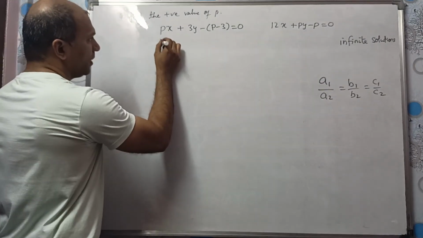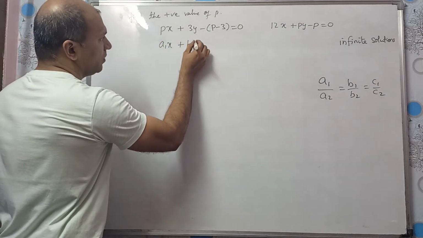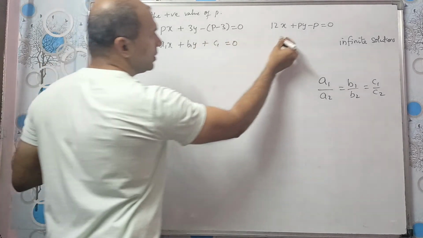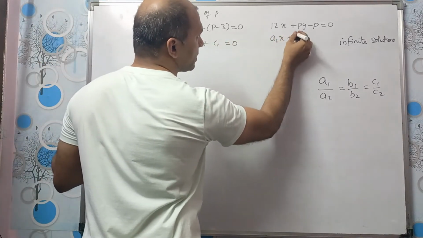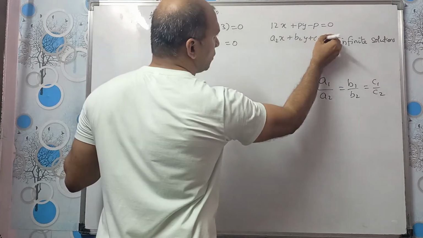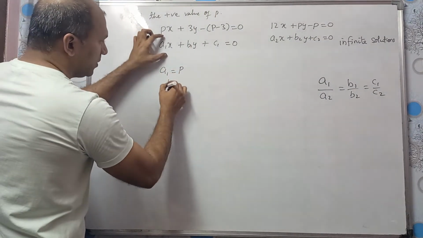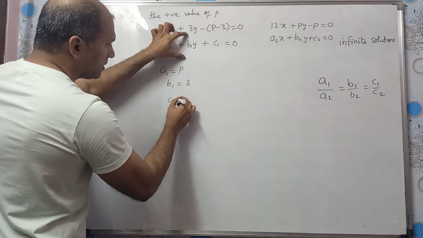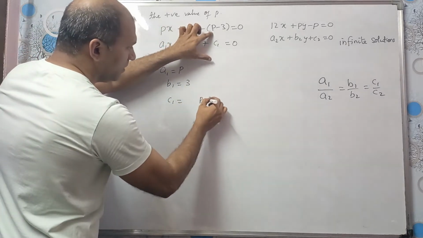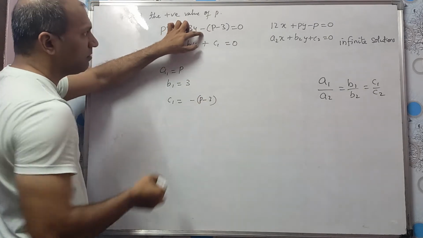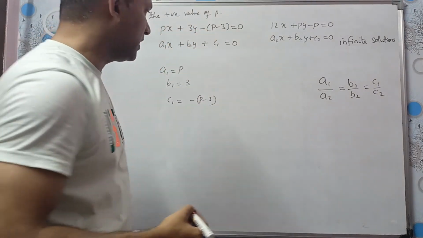Okay. So if you compare this with A1x plus B1y plus C1 equal to 0, and if you compare this with A2x plus B2y plus C2 equal to 0, what is the value of A1? It is P, B1 is 3, C1 is minus of P minus 3.